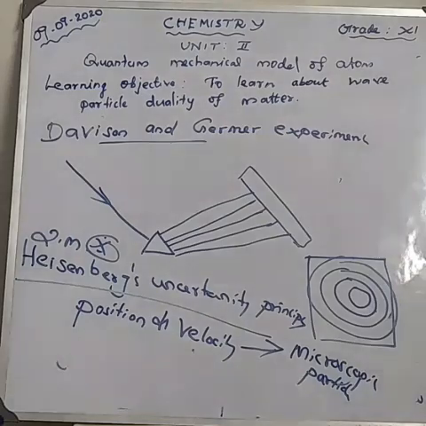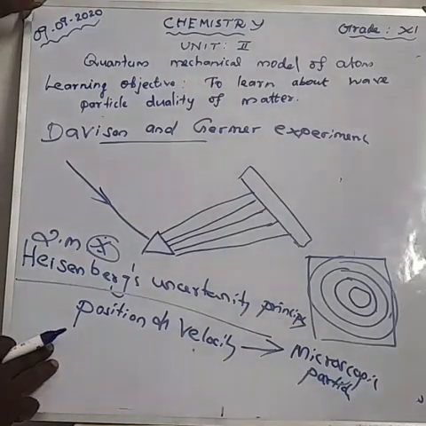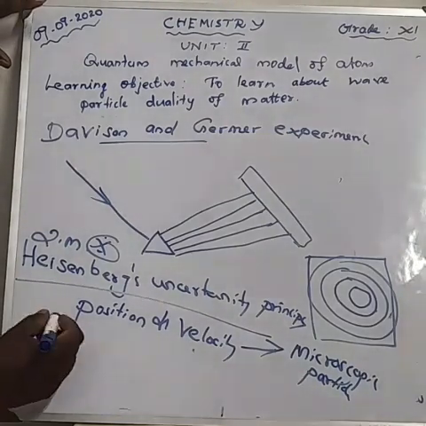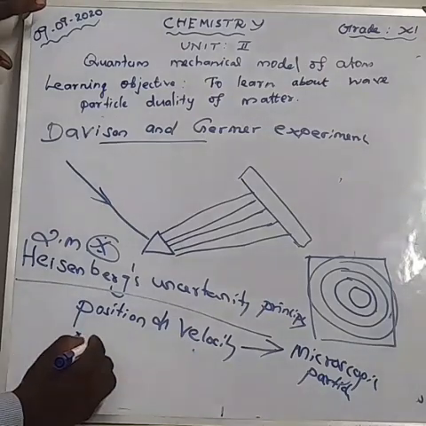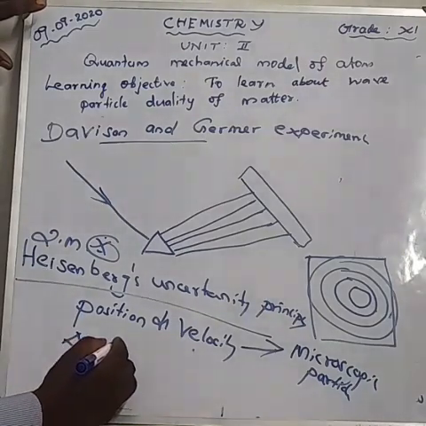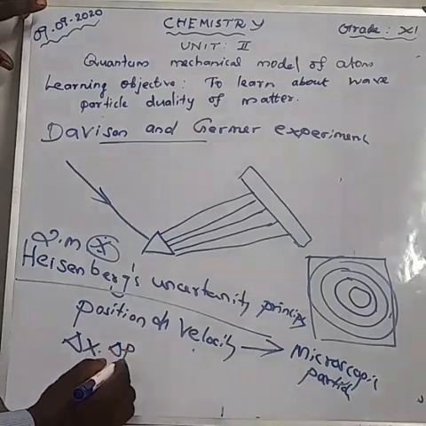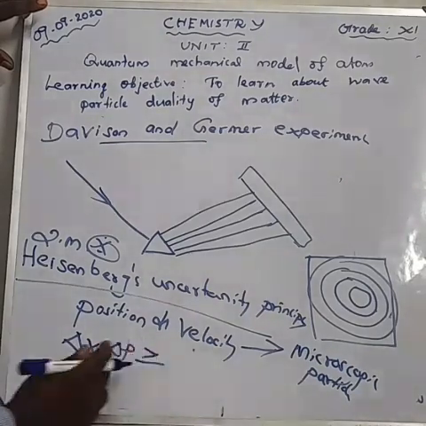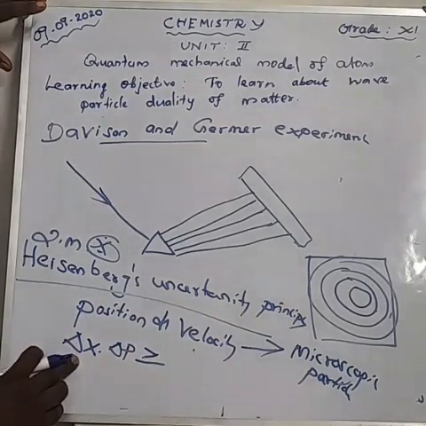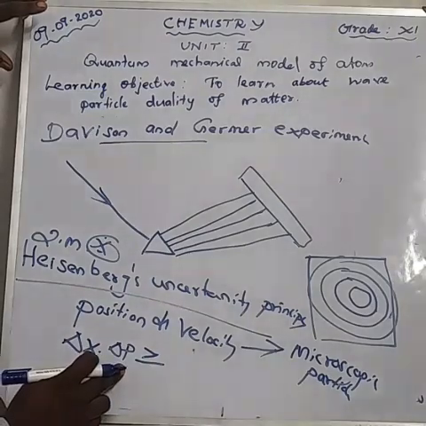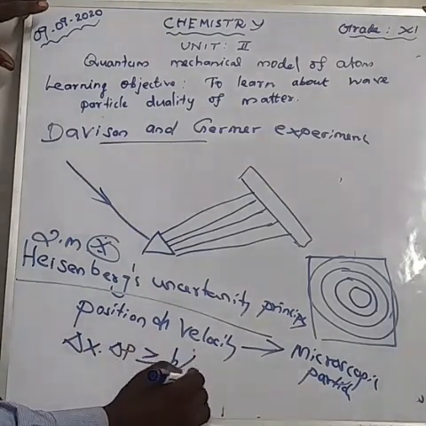And what is the formula for this question? Delta x into delta p is equal to or greater than h by 4 pi.